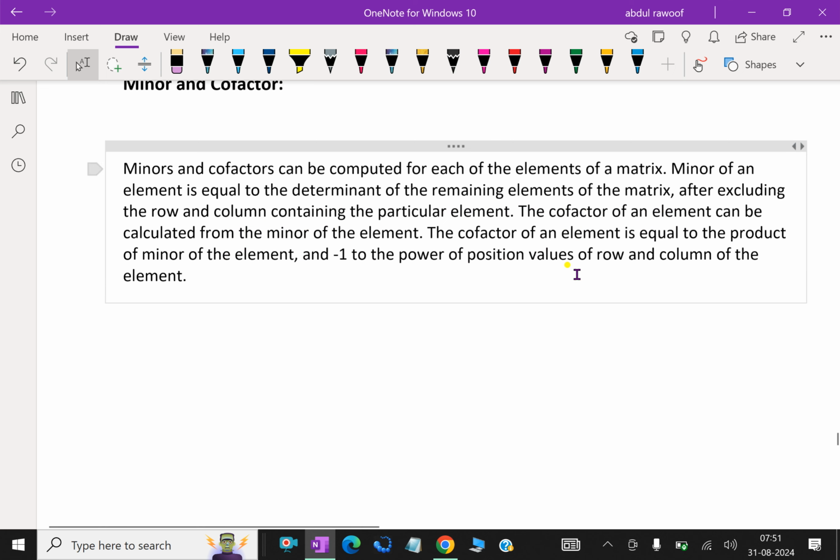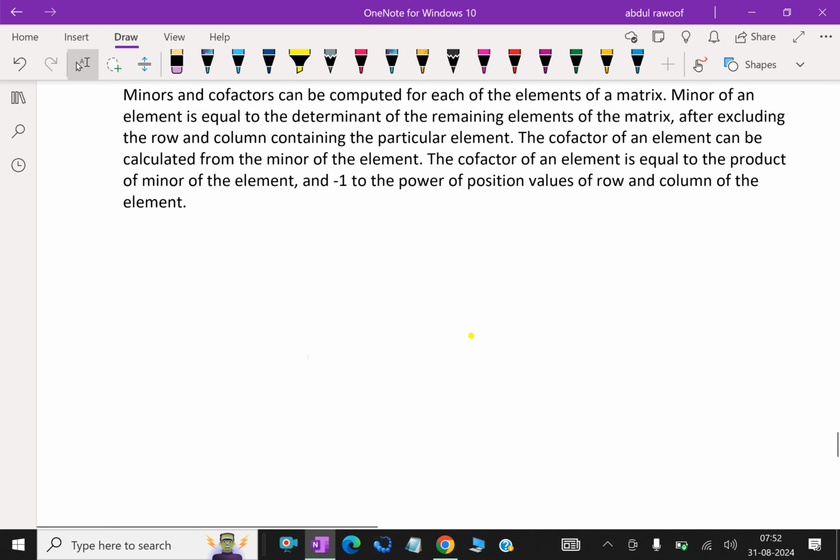The cofactor of an element is equal to the product of the minor of the element and minus 1 to the power of the position value of row and column of the element. So this looks complicated, but we can understand it by using some example.